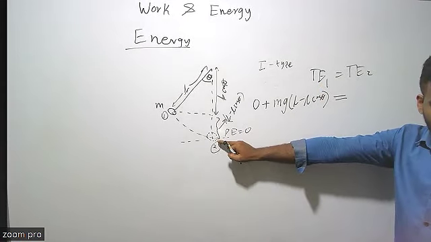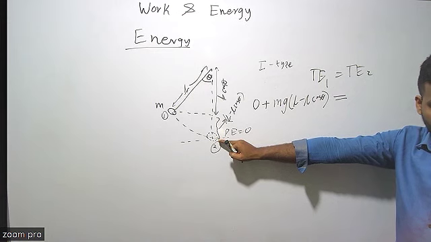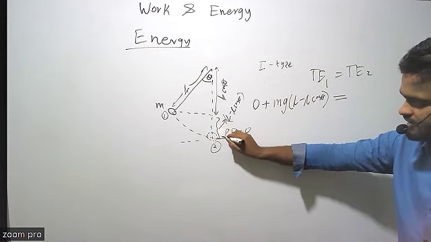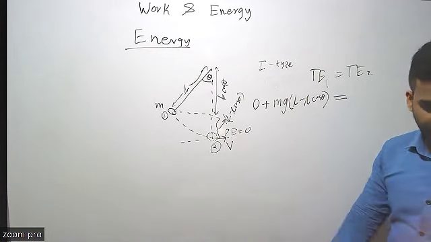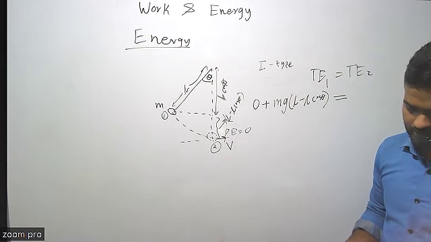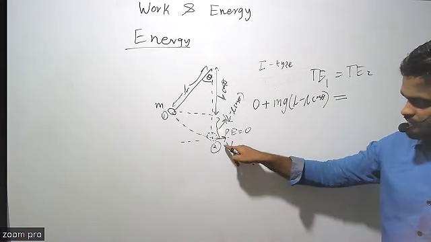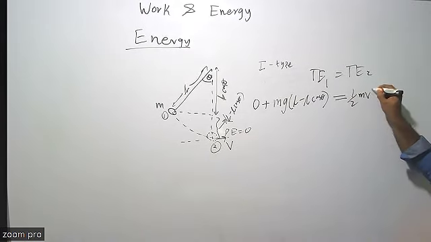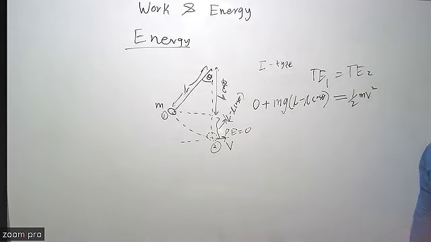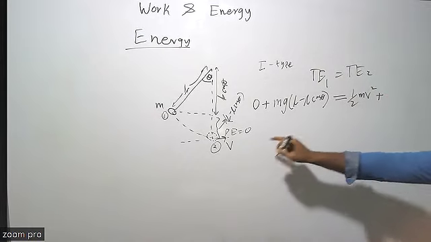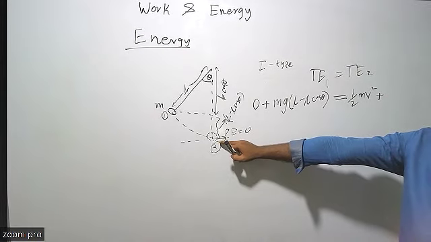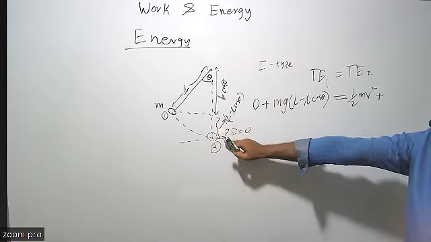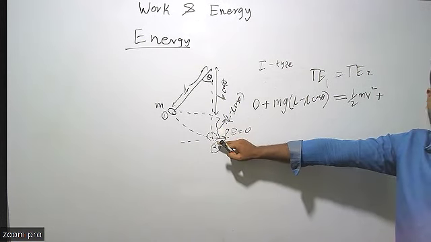When the object reaches here, it has a velocity. Let's say the velocity is v. I think that's what you need to find. So what's the kinetic energy? Half mv squared. What's the potential energy at this level? It is 0, because it is at the P equals 0 line.